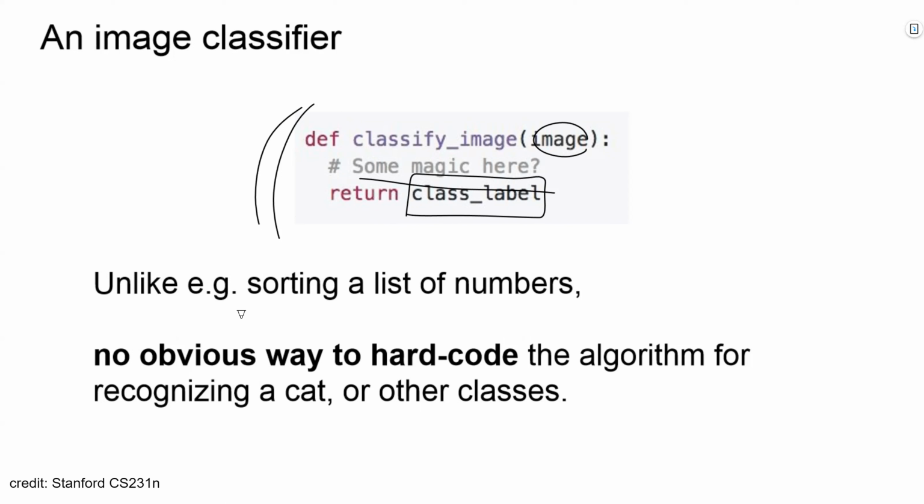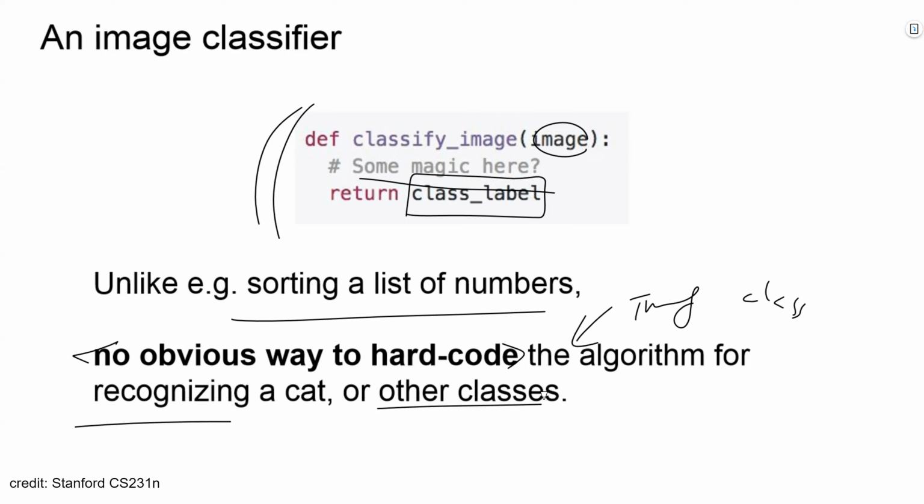However, unlike sorting a list of numbers, there is no obvious way to hard code the image classification algorithm for recognizing a cat or other classes, because there are numerous pixel values and it's quite challenging to develop an algorithm to recognize cats.